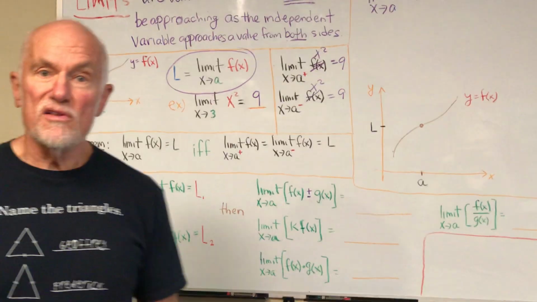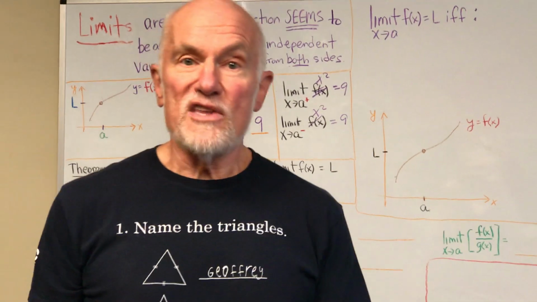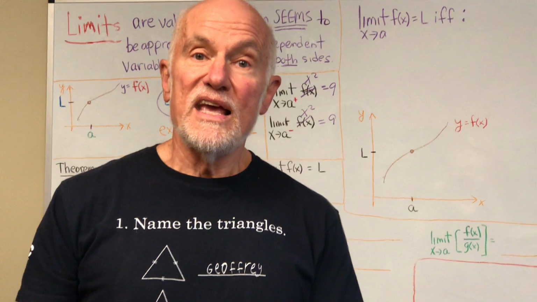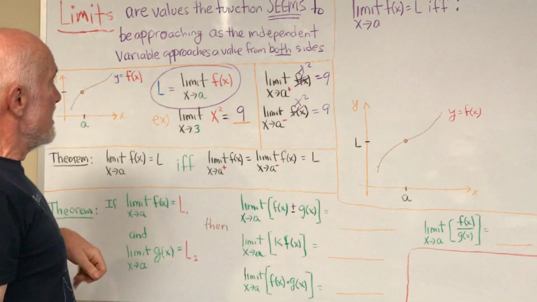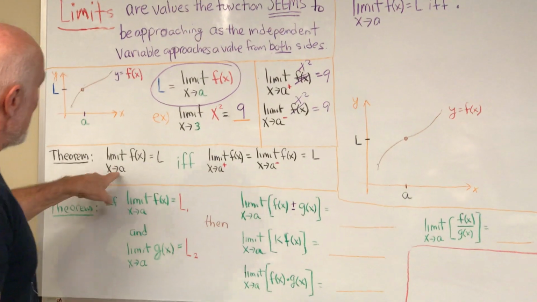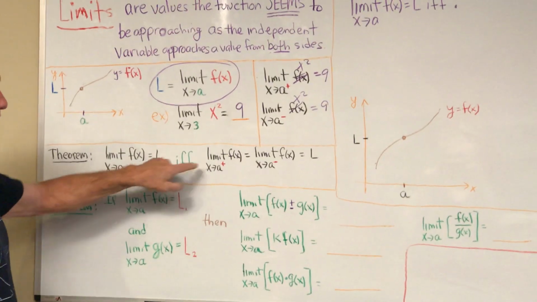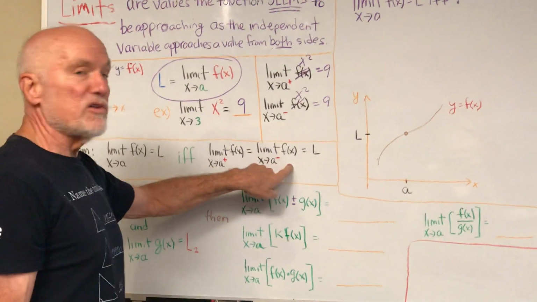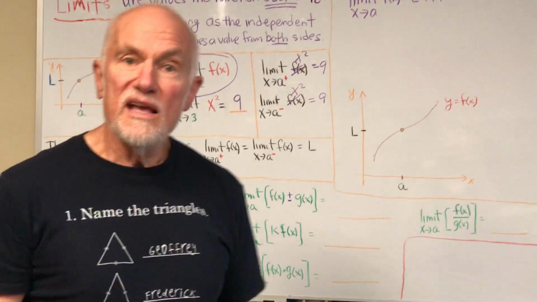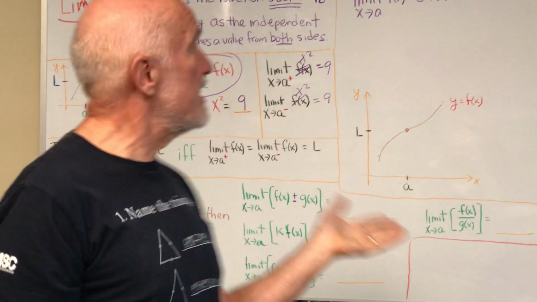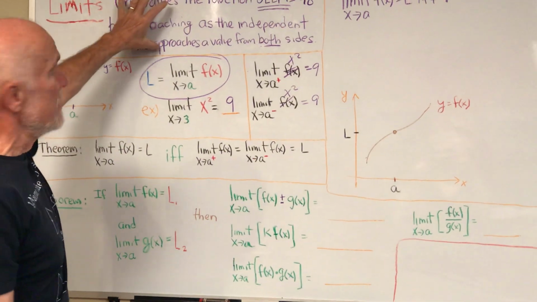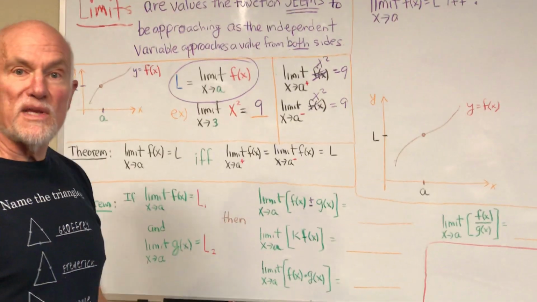So sometimes the limit from the left equals the limit from the right. In fact, if you look at the definition, if the limit really does exist, then the limit from the left has to equal the limit from the right. That's a theorem. But that theorem really doesn't have to be proved because it comes directly from the definition of what a limit is.